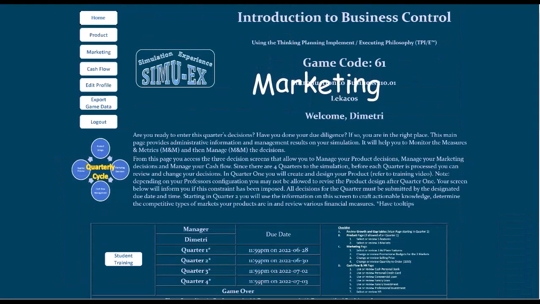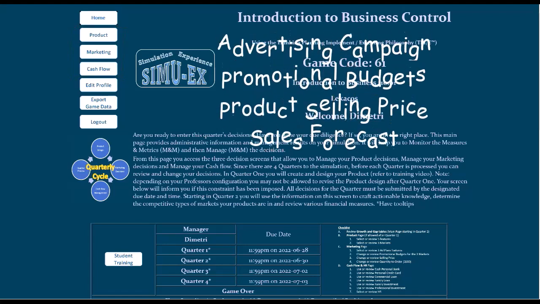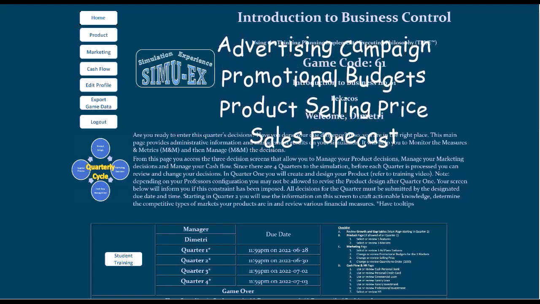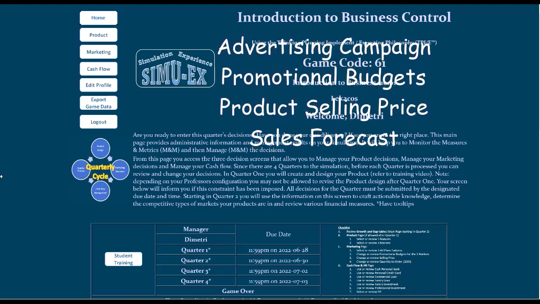Once we have completed the design of the product and the market selection, we move to the second phase of our managerial decision-making flow. And that is essentially marketing. That is where we're going to look at the ad plans, the advertising campaign, the promotional budgets, and so on.